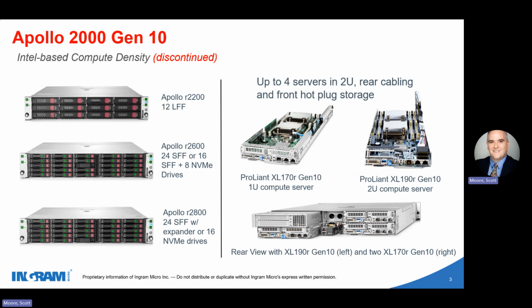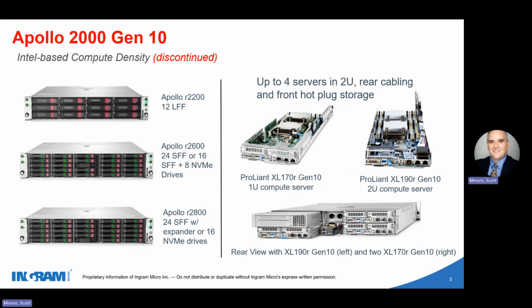The advantage of the XL190R over the XL170, compute-wise, they were identical, but with the extra height granted me on the XL190R, I could put in additional expansion cards. So if I needed specific NICs or host bus adapters, or something that I needed to add PCIe devices for, I might want to go with the XL190R and put 2 servers in there rather than 4 of the XL170s.